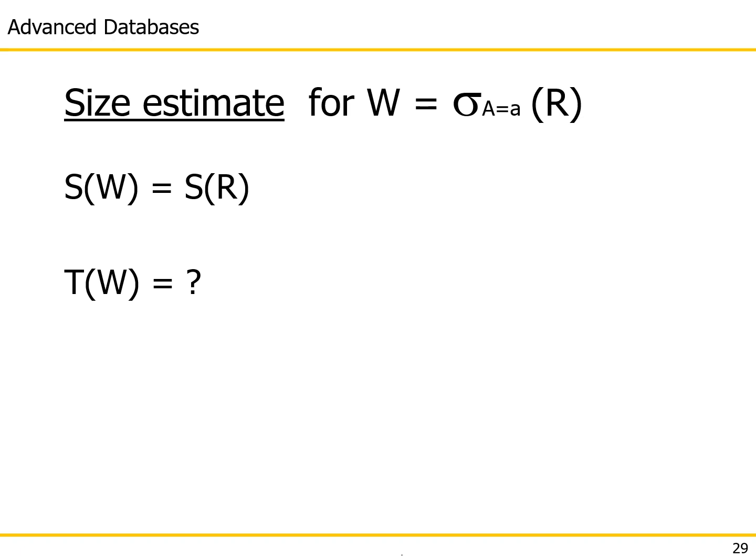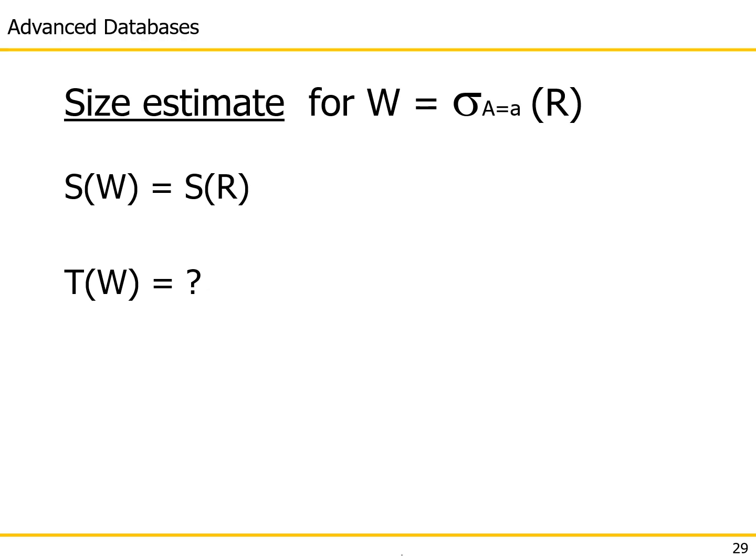We'll start seeing estimates. So, say I get a selection. The query is select star from R, where column capital A is equal to some value, small a. Okay?